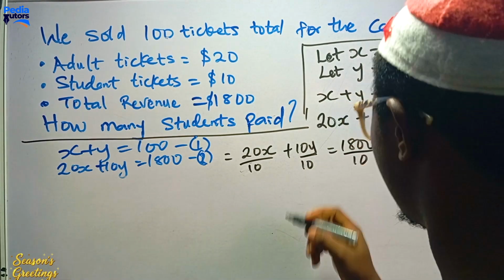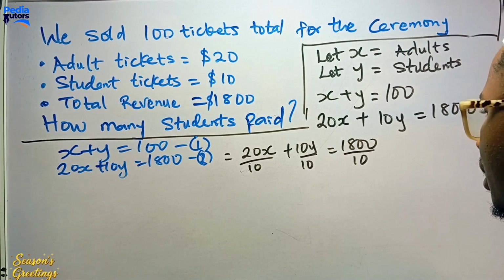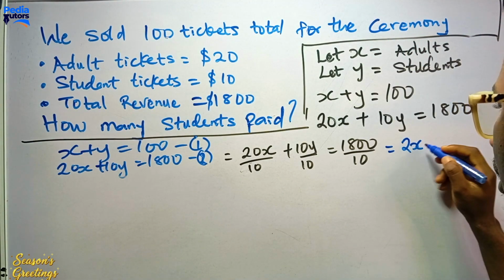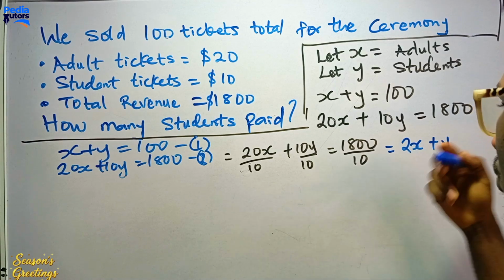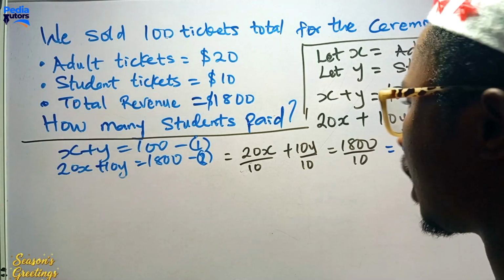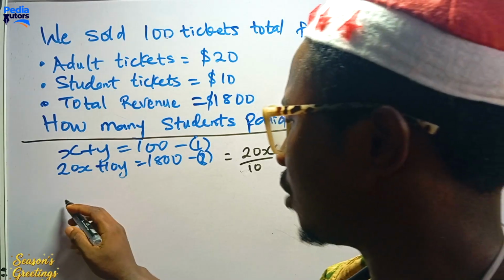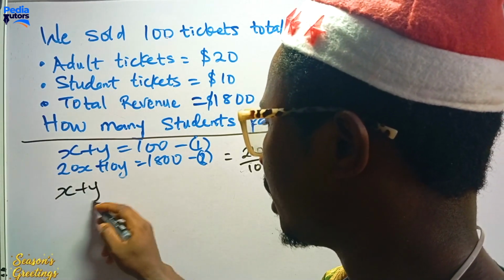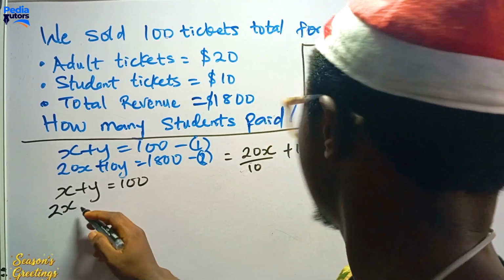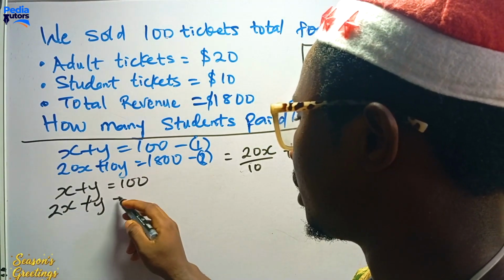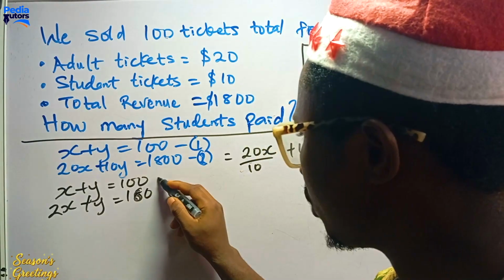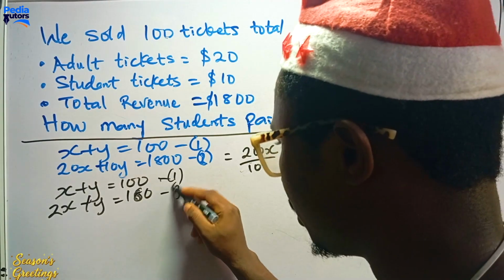By the time you take it all through, what you have is 2x plus y equal to 180. So now we have x plus y equal to 100, which is equation 1, and 2x plus y equal to 180, which is equation 3.